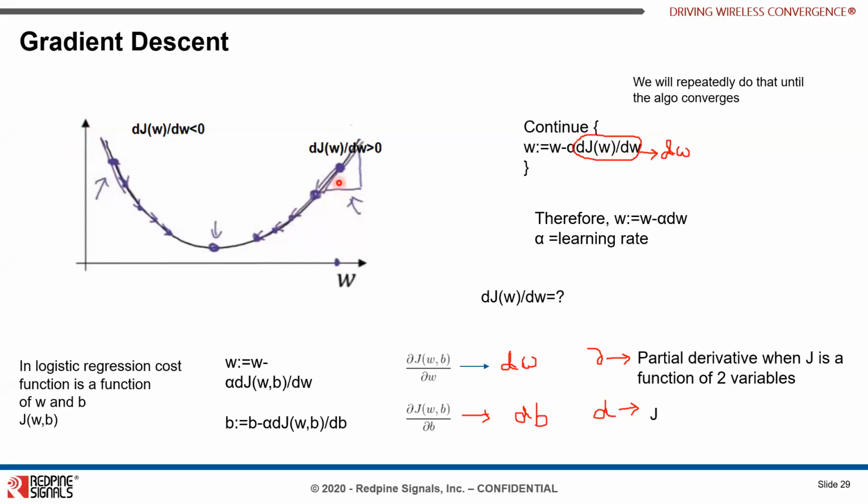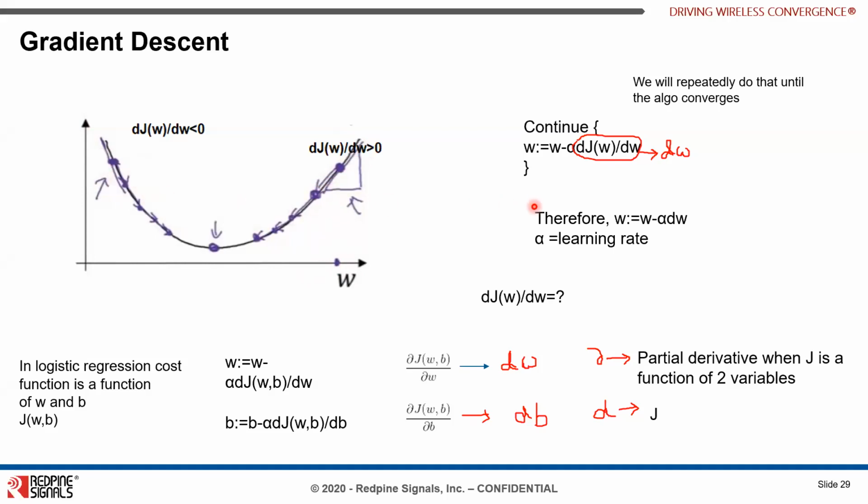For example, at this particular point of W, the value of J was this. As we move right, the value of J increased. So this is called a positive slope and this is called a negative slope.